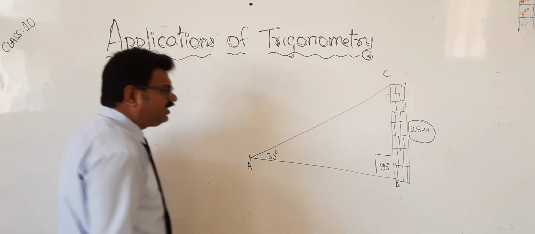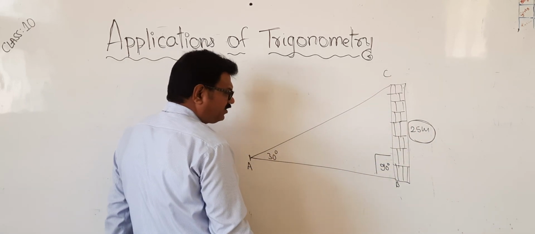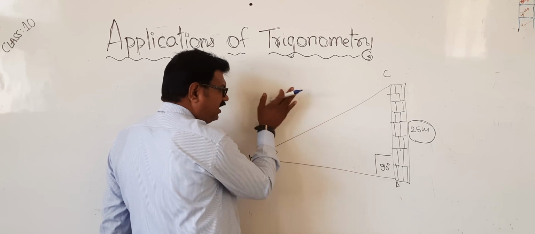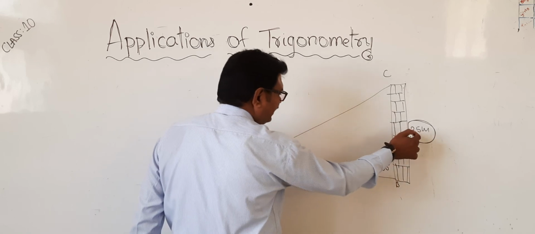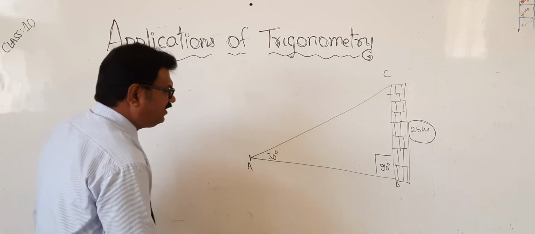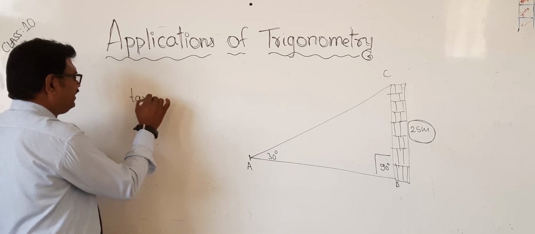Sin means opposite divided by hypotenuse, which will not work. Cos means only base and hypotenuse, which is not possible. Therefore the ratio connecting these is tan only, so you will take tan 30.